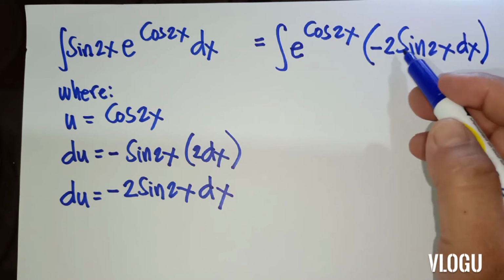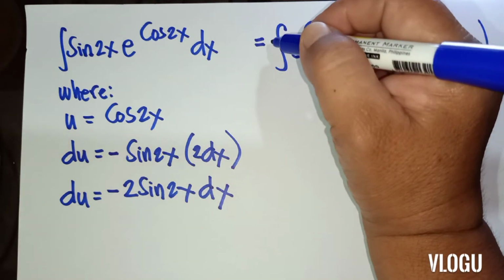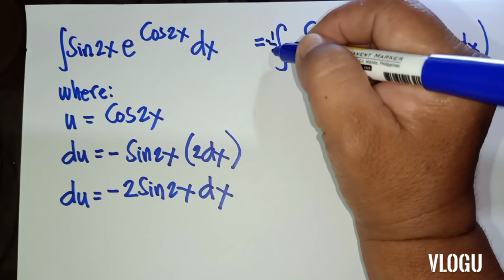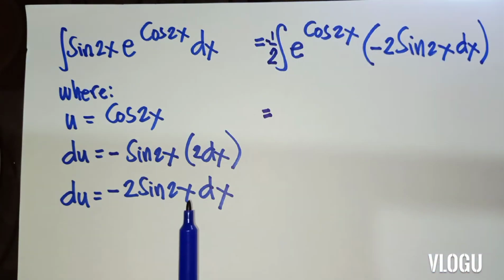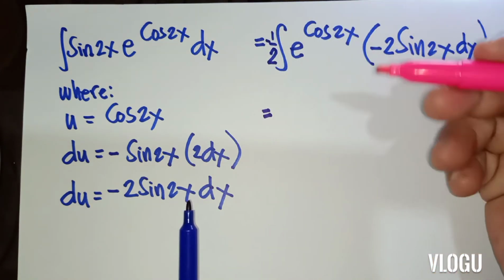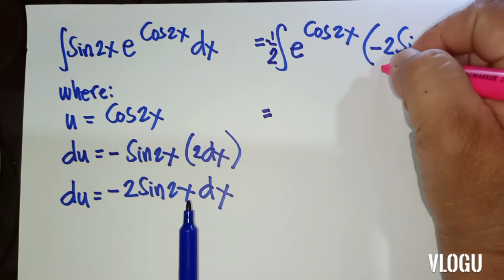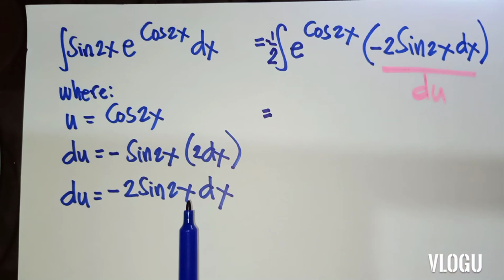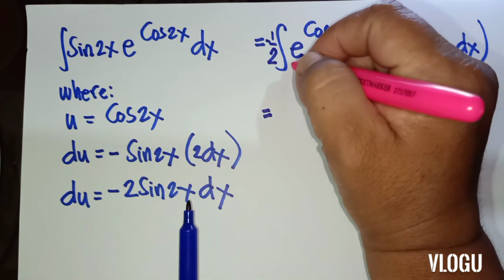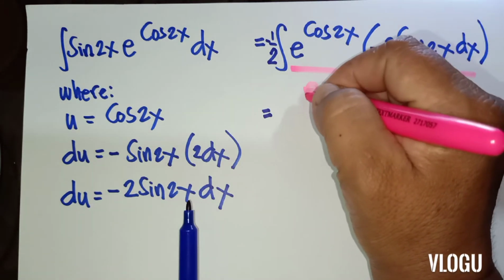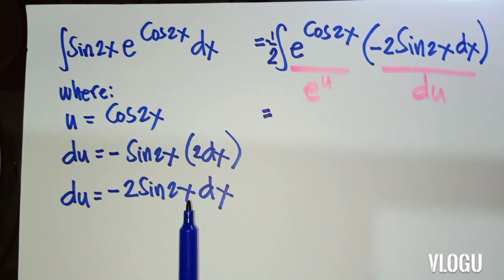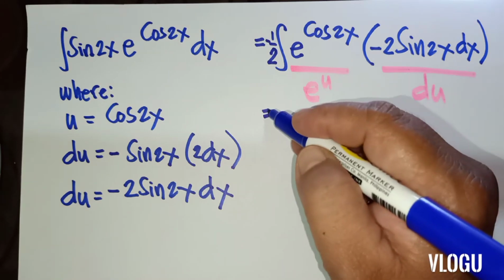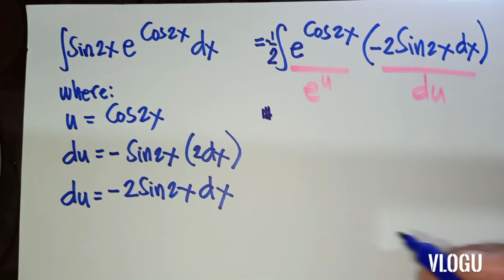Since we multiplied by negative 2, we will multiply by negative 1/2. This is our du, and this one is our e^u. Because this is a complete form of e^u du, we proceed now to the formula.